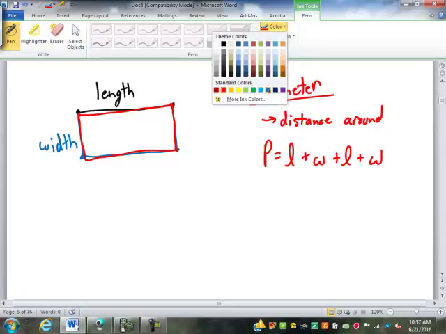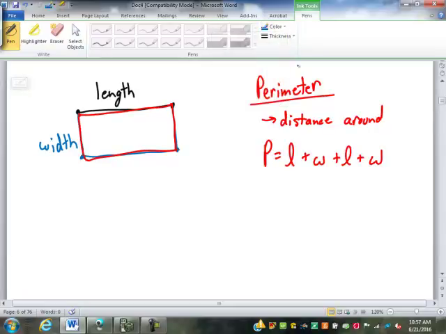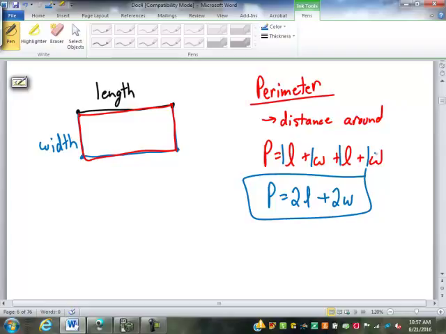In the last unit, we looked at simplifying that formula. What can we combine there? L and L. Yeah, we think of this as 1L and 1L make 2L. 1W and 1W make 2W. Perimeter is equal to 2L plus 2W.